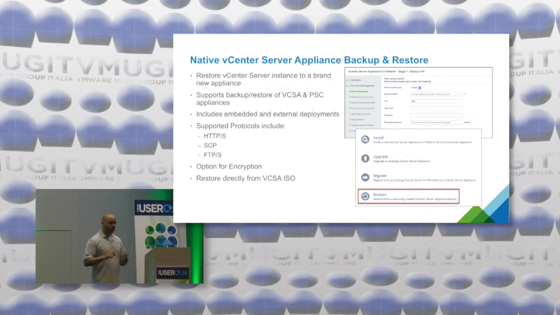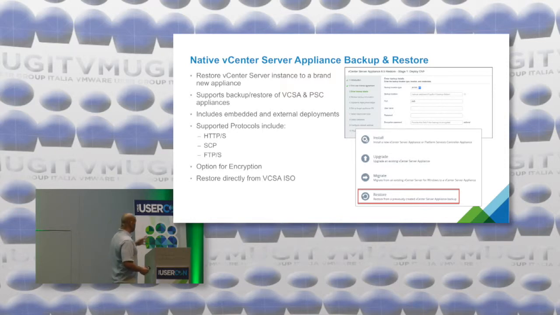So what winds up happening is you ensure yourself that you have a nice backup state of the appliance, so when you restore, you know that you have a good restore, right? That's what the file-based backup restore does. It's an insurance policy for you to ensure that when you do need that restore, you're good to go.